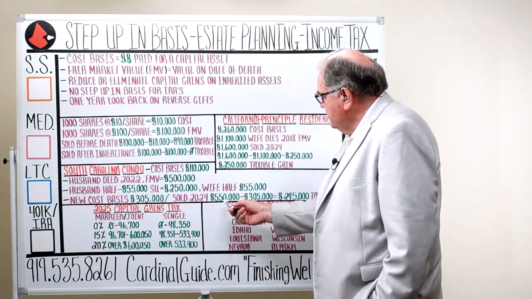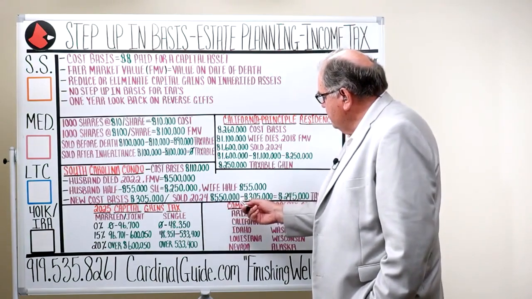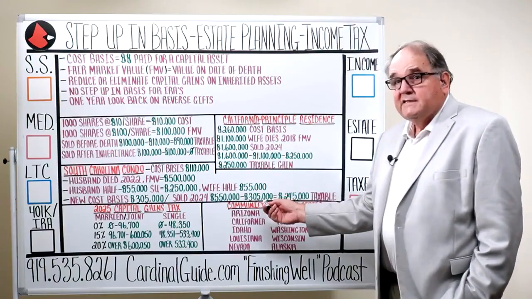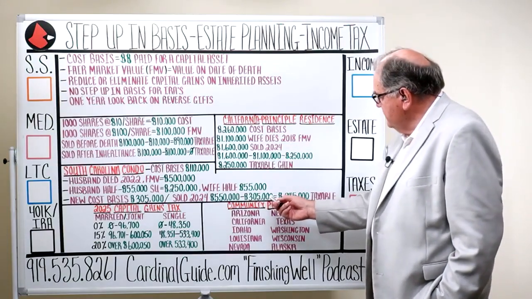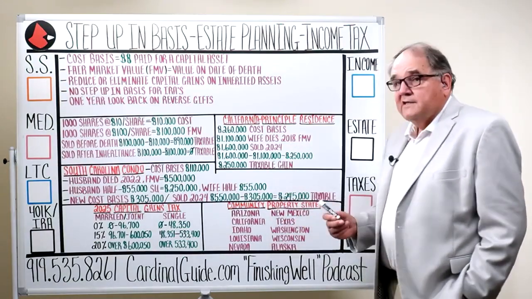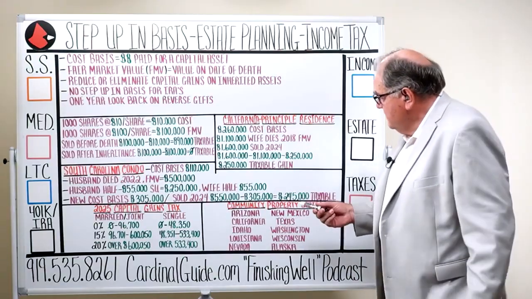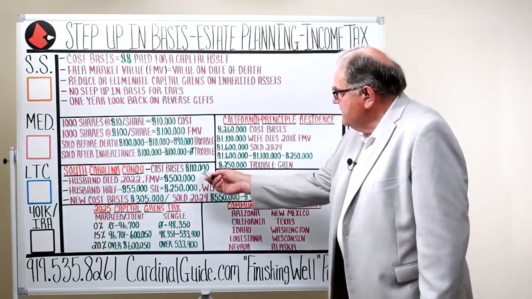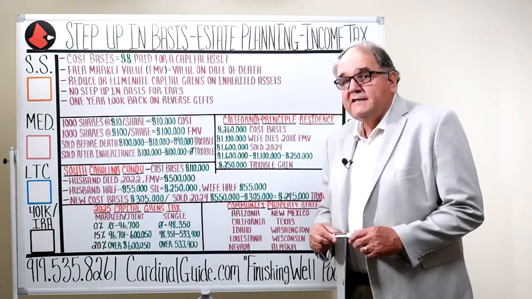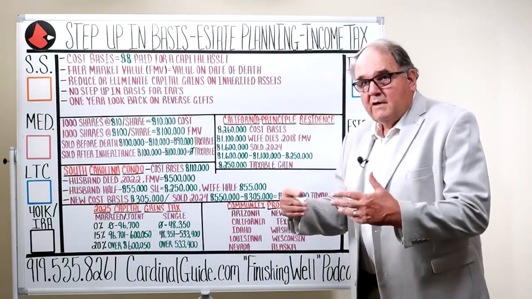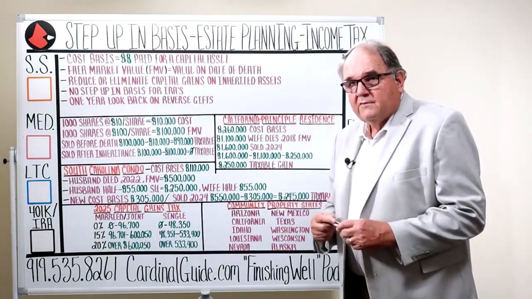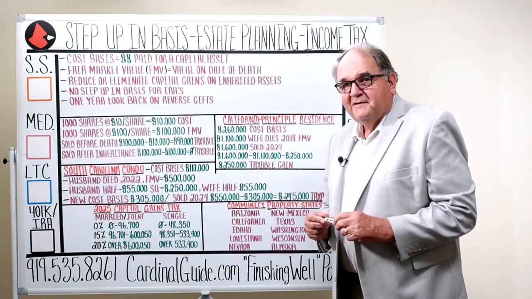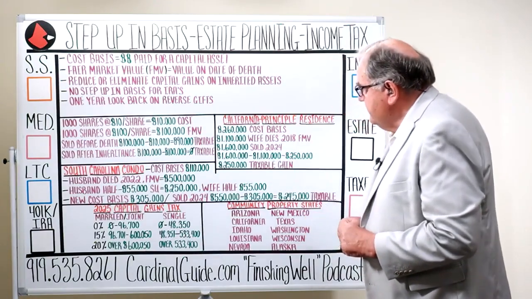They sold it in 2024 for 550,000 minus the cost basis of 305,000, and she had to pay tax on 245,000. But this was very pleasing to her because she thought she was going to owe tax on all the amount over 110. So we were able to help her get through all of this and got her to the right tax advisor that did her taxes, and she was quite happy.